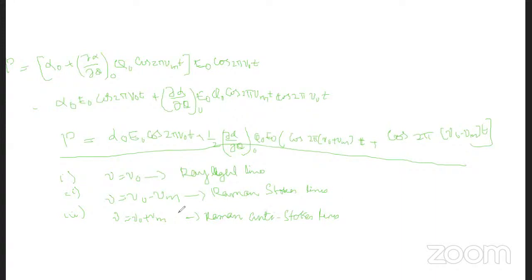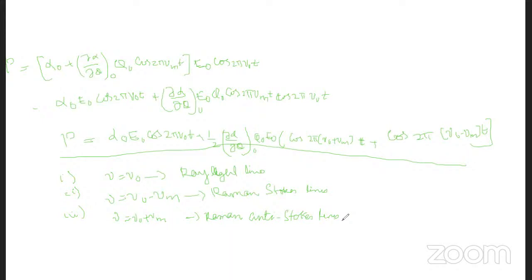The scattered photons which have the greater frequency, nu naught plus nu m, we call the Raman anti-Stokes line. So this is the classical theory of the Raman effect.